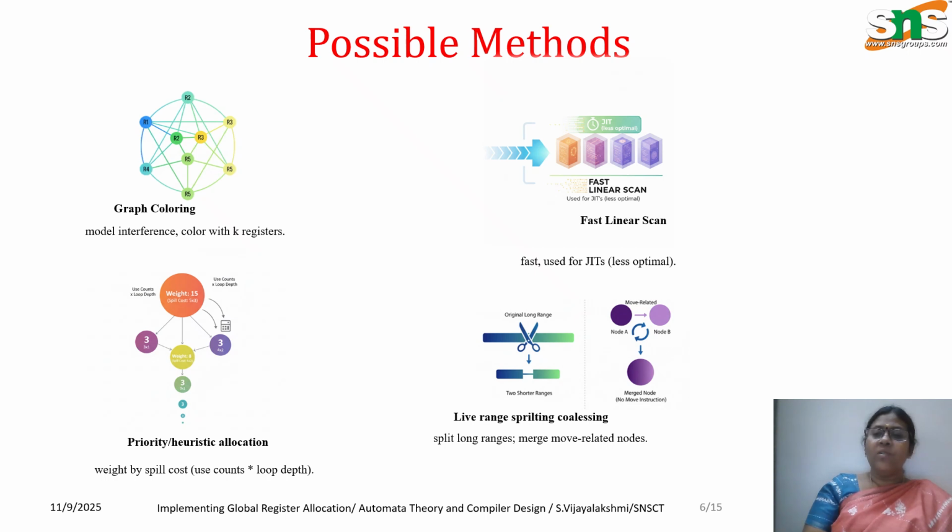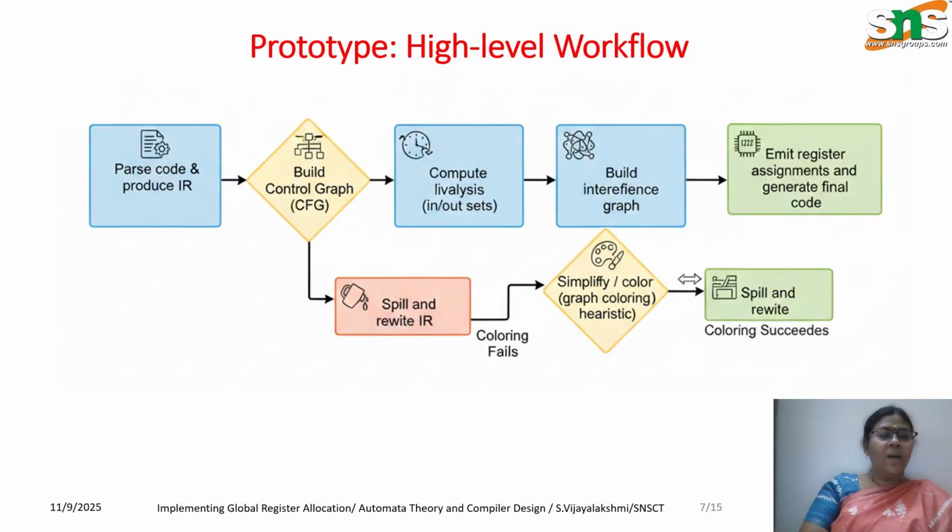But we take the approach of liveness analysis, then interference graph, and then graph coloring. That is the overall flow.